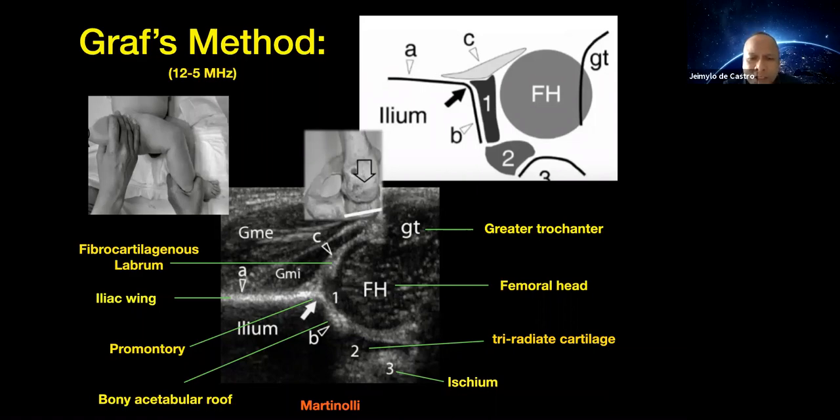In other words, this area below is actually the one that is on top, and the one on the opposite side is the one that is below. And then on the opposite side, just above the ilium, that refers to the C there, is the fibrocartilaginous labrum. So that's the labrum there. The labrum above, bony acetabular roof below, the line to your left is your iliac wing, and the rounded area is the femoral head.